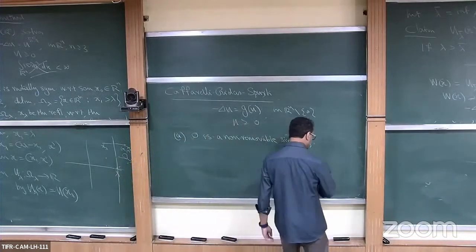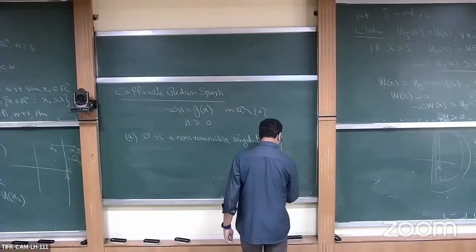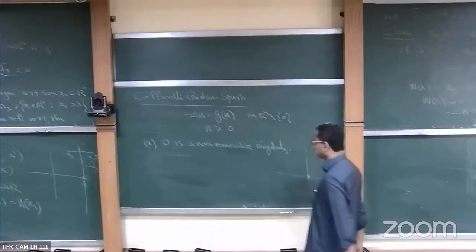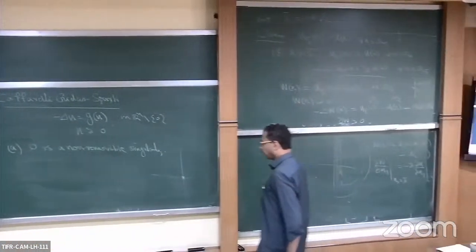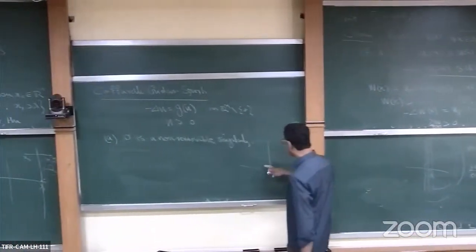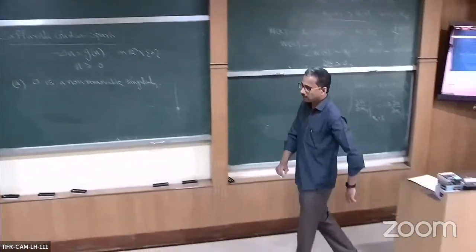So that means I have this here and I have this. So you want to prove that the solution is going to be symmetric around this point.